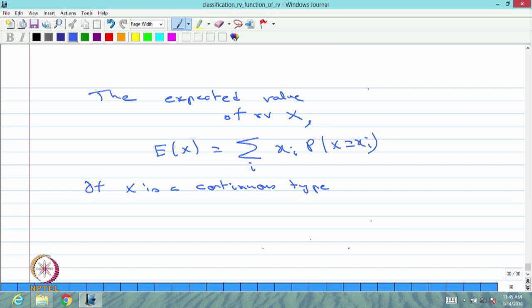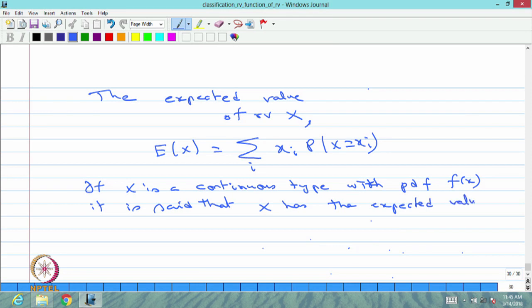If x is a continuous type random variable with the probability density function f of x, it is said that x has the expected value if the integration from minus infinity to infinity of absolute value of x f of x dx is a finite quantity.